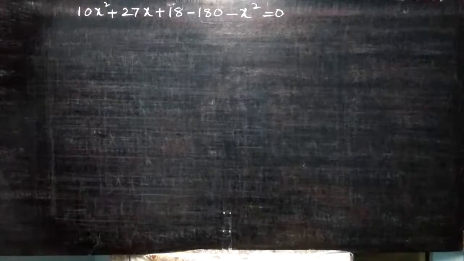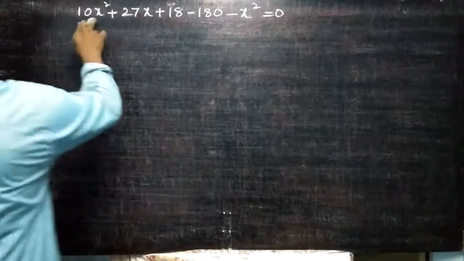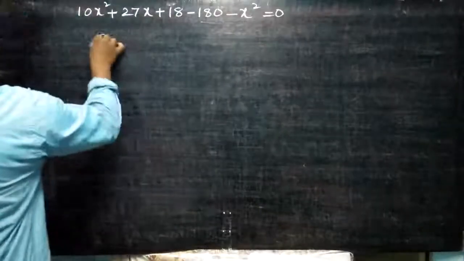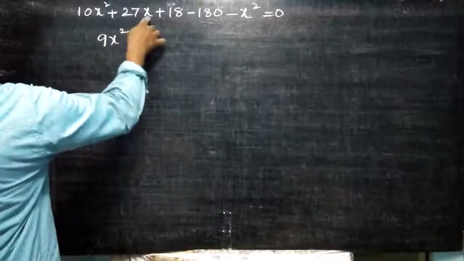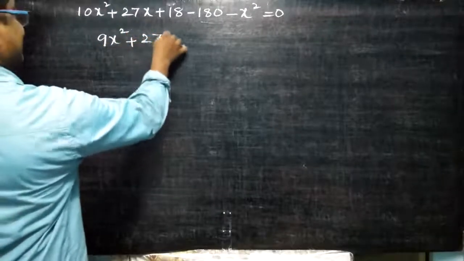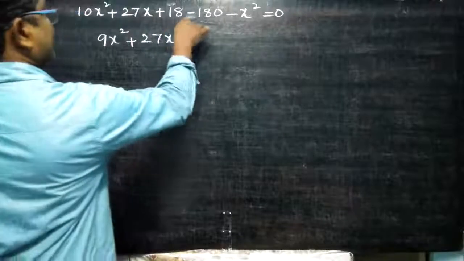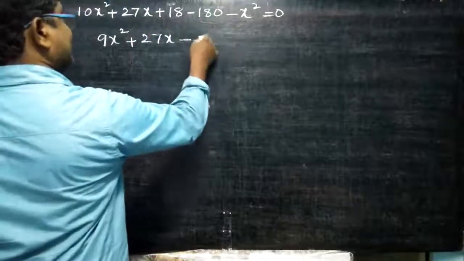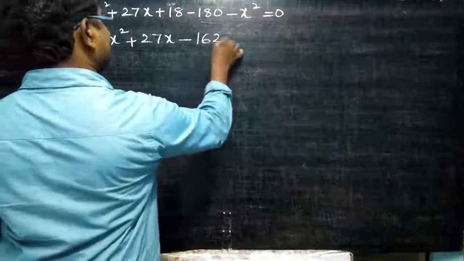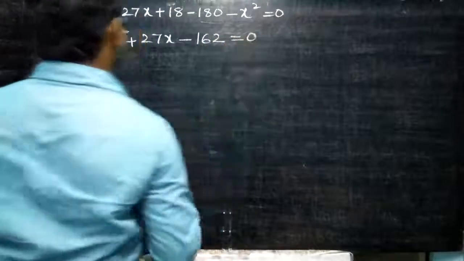Now simplify: 10x square minus x square is 9x square, plus 27x, minus 180 plus 18 means minus 162, is equal to 0.